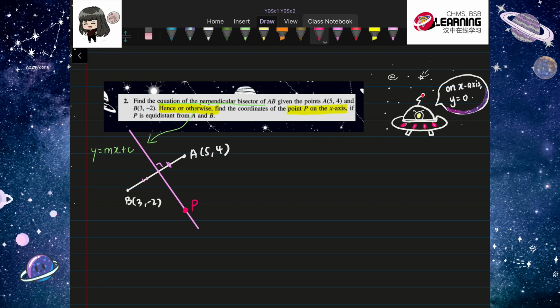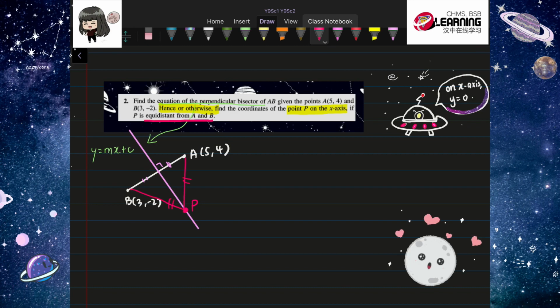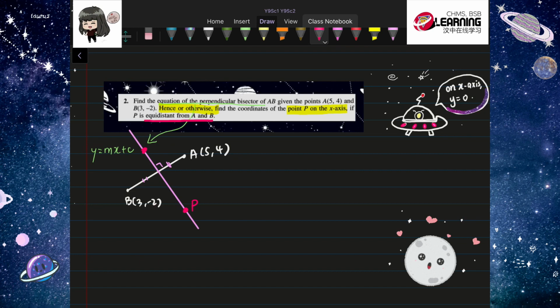If P is equidistant from A and B, meaning it is equal in distance from A and B. So if P is here, this distance to A and this distance to B are the same. Or if you put your P here also can, because it's just a draft, because you don't know the coordinate of P yet.